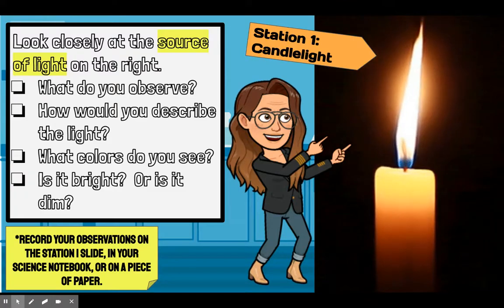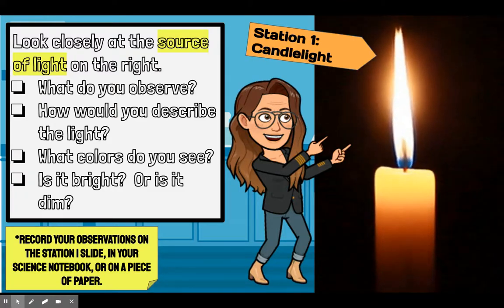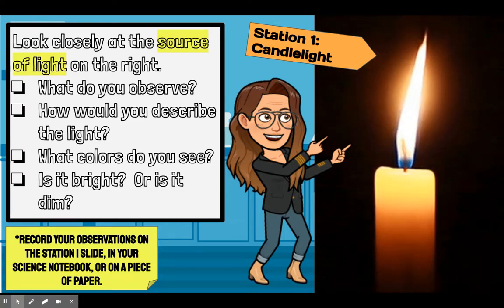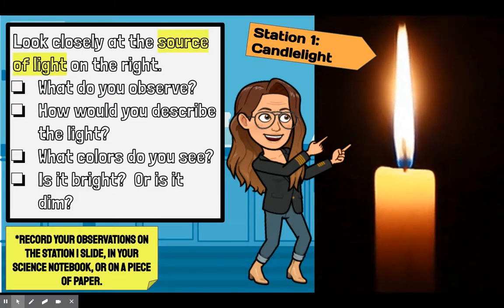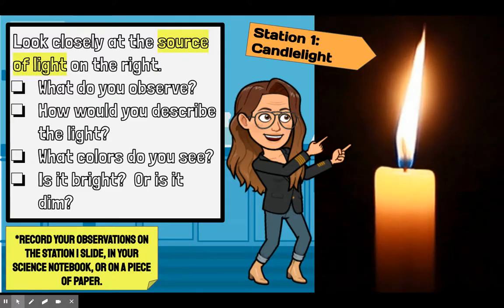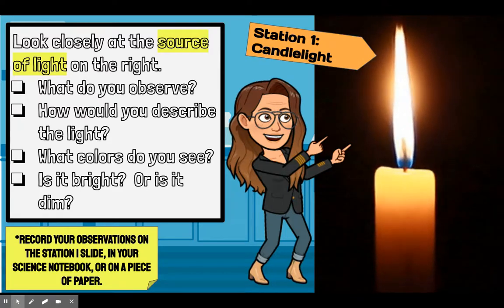Maybe you observe something about how it moves. How would you describe the light coming off this candle? What colors do you see? Would you describe it as bright and intense? Or is it more dim and less intense?